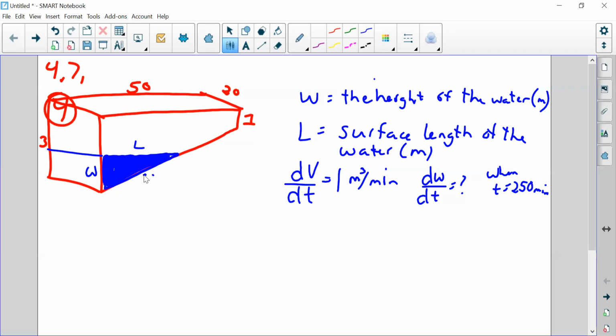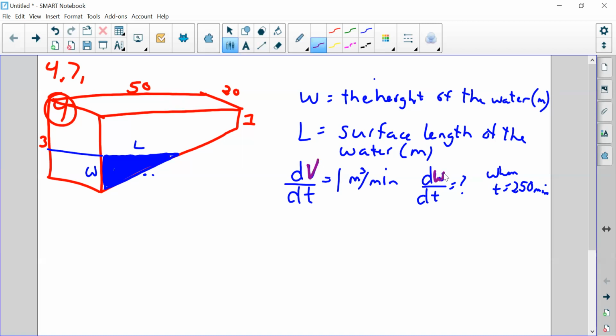Okay, so, whew. This is what you want to get to in every related rate problem. You want to get to a rate you know and a rate you're trying to find. That's why it's called related rates. We're relating two rates together. So when I do that, I'm going to look at the variables here.